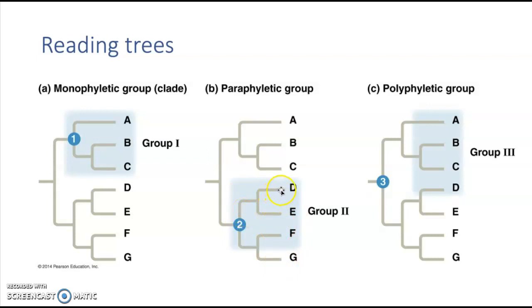If we included D, E, F, and G in the group, then this would be a monophyletic lineage. A polyphyletic group includes individuals who do not share a single common ancestor, individuals who come from multiple common ancestors. So A, B, and C, that is a monophyletic group, but D does not come from that lineage, does not share either of these common ancestors with A, B, and C.